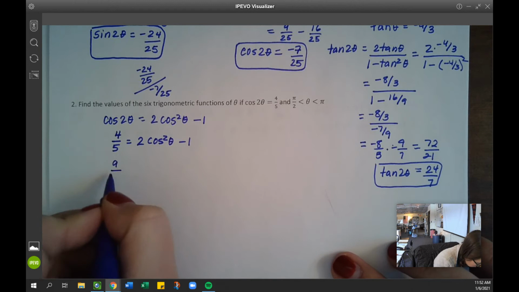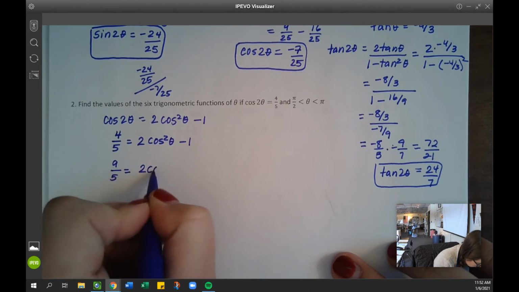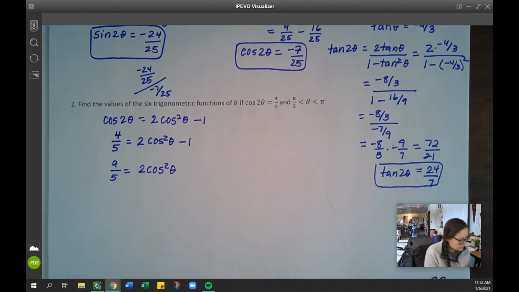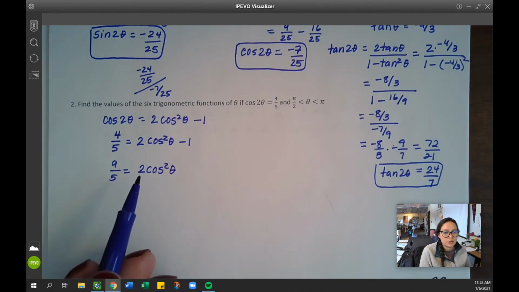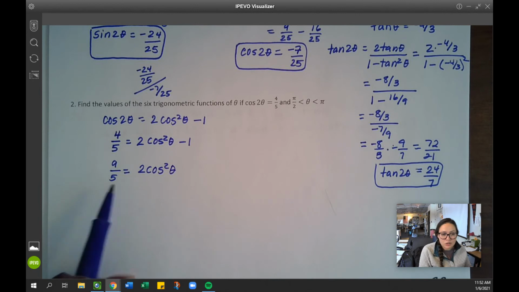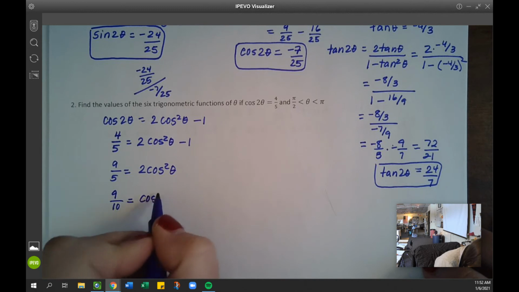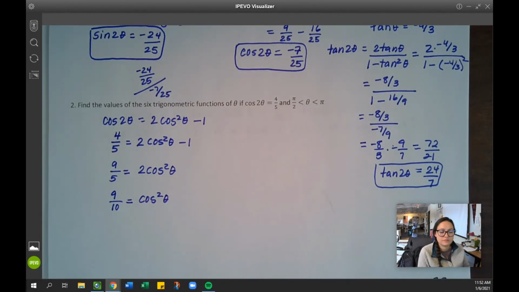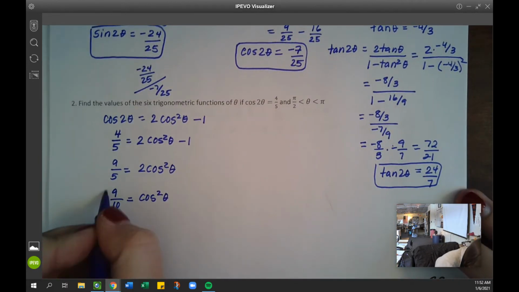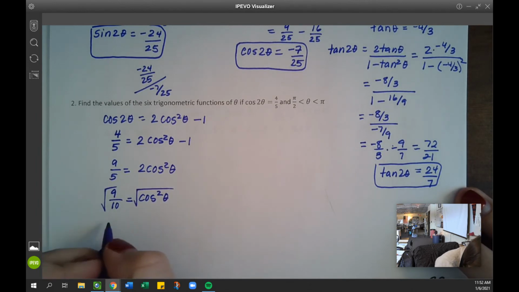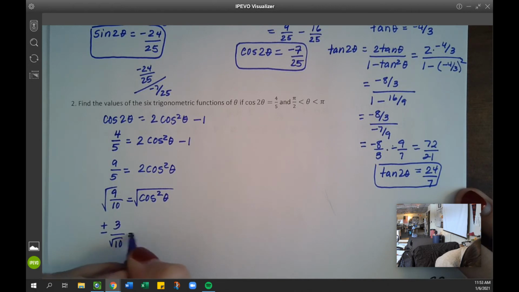So this gives me 9/5. Now I'm going to divide by 2. Another way to think about dividing by 2 is that you're really multiplying by 1/2. So 9/5 divided by 2 becomes 9/10. And now we take the square root, which gives me plus or minus 3 over the square root of 10.